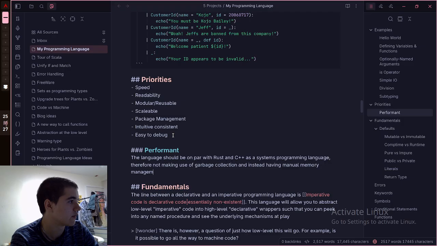Although with safety checking at the compilation stage.